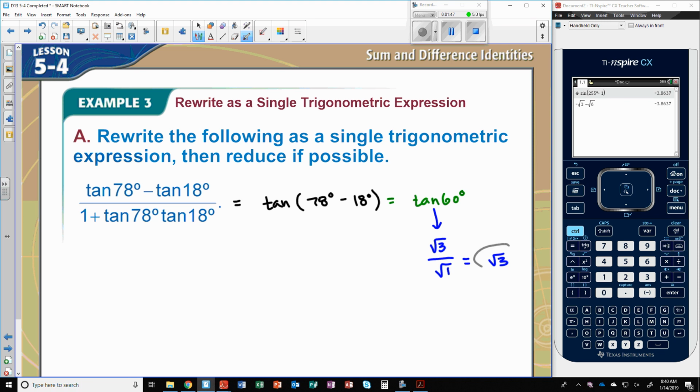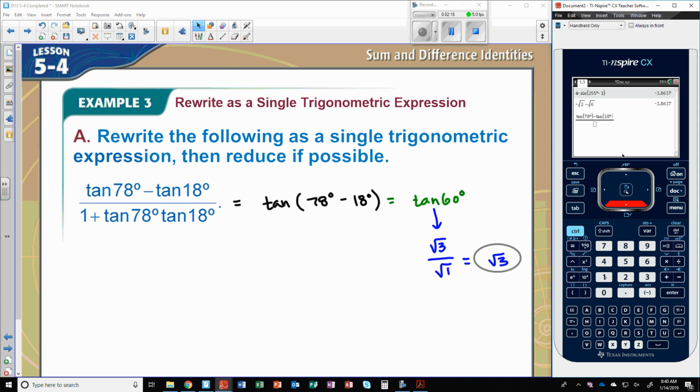Now, if I want to check this, I'm going to type in the original, and so I would go trig, tangent of 78, and I'll hit the degree symbol here. Before I forget, I better hit the fraction button. Okay, now let's come back up here. Outside of that tangent, we need to subtract tangent of 18 degrees.